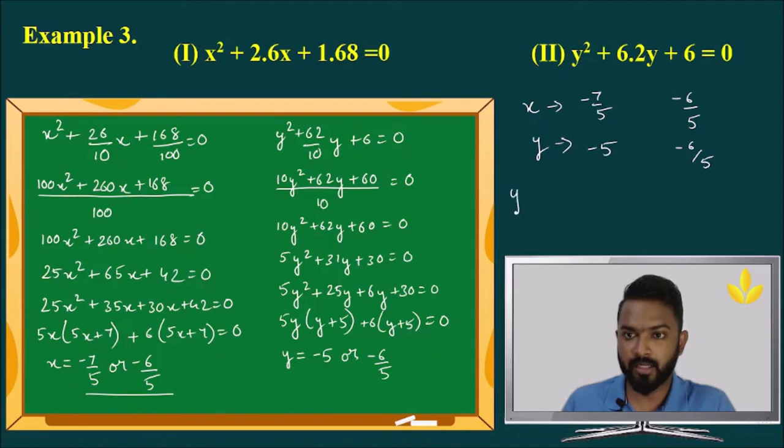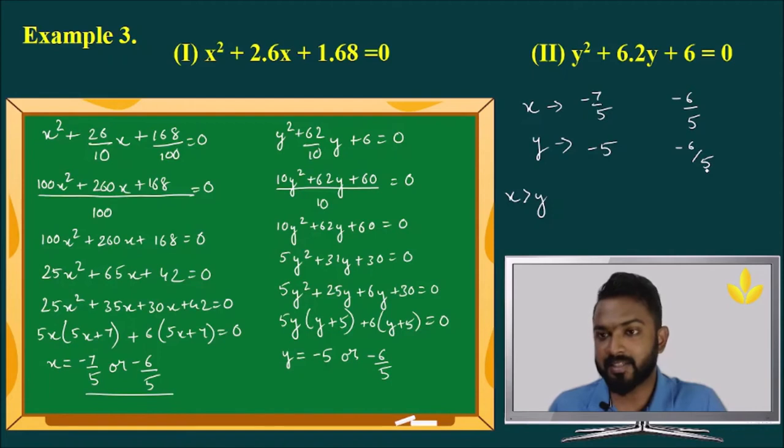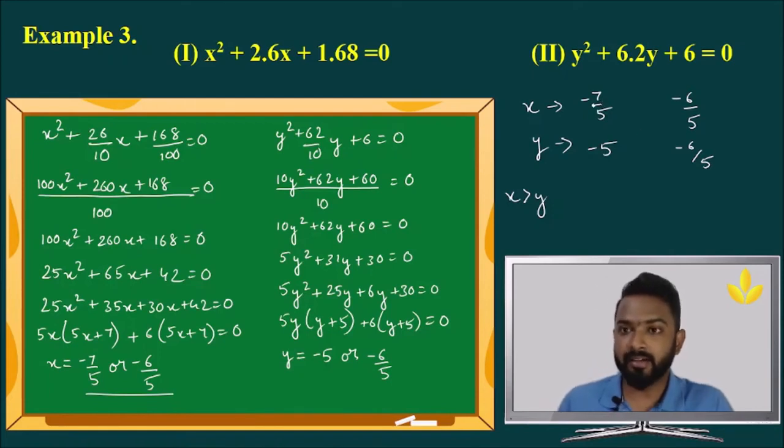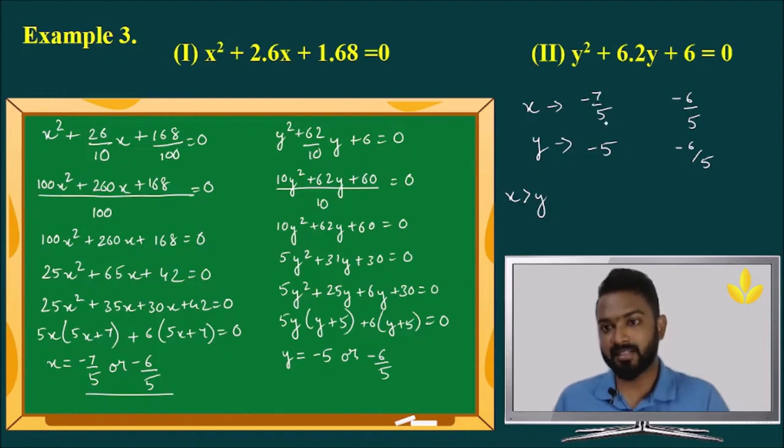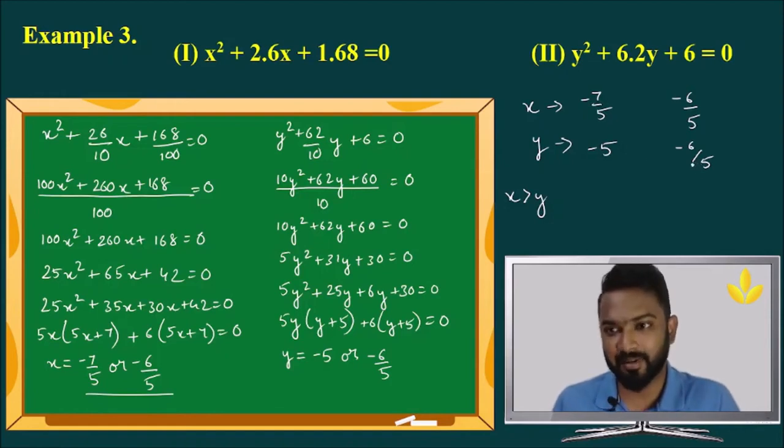So x is greater than y in one case. And if y is this, minus 6 by 5 is actually greater than minus 7 by 5. Okay, 6 by 5 is less than 7 by 5, but it is minus 6 by 5. Minus 6 by 5 is greater than minus 7 by 5. So here x is less than y also.